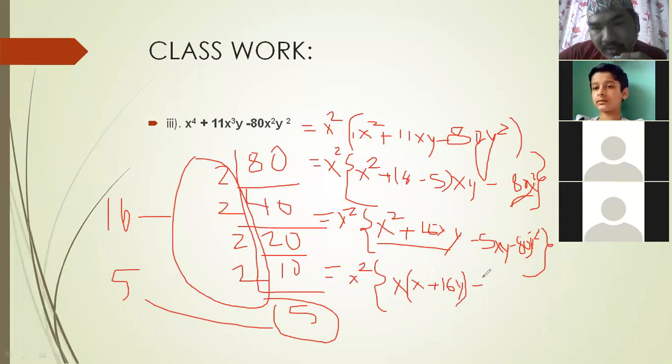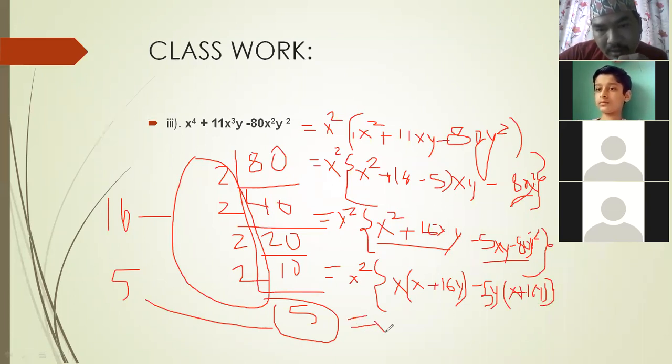What is common in the last two terms? Minus 5y common. What is remaining in the bracket? X. This minus has already gone common, then here also remains plus 16y. Okay, and curly bracket close.